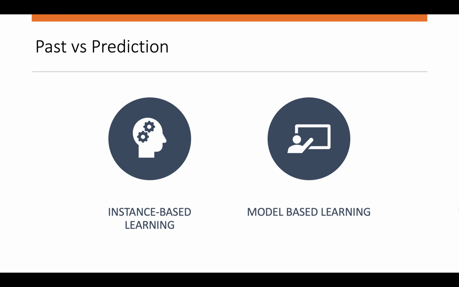And finally, we could have this perspective that whether the algorithm work by simply comparing new data points to known data points, or instead detect patterns in the training data and build a predictive model, much like scientists do. And the first approach is called instance-based learning, and the second one is called model-based learning.